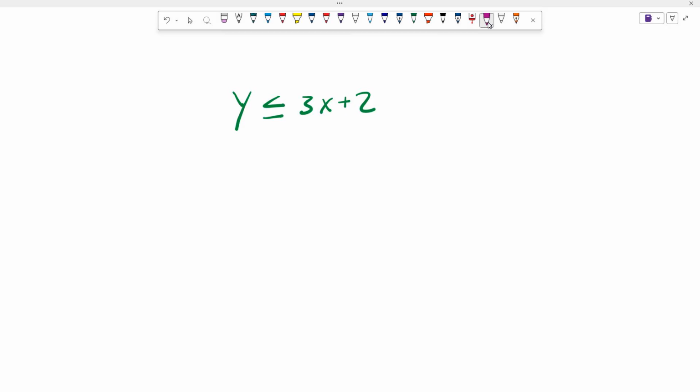Ordered pairs, why? Two variables. Before we get to that, let me write down this equation.